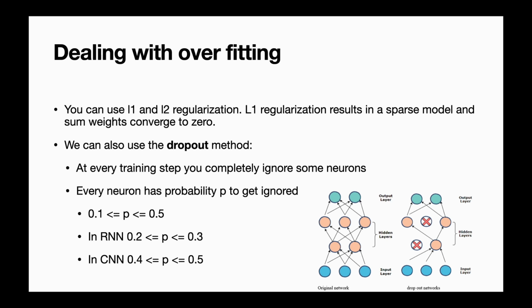What you do is you randomly, with probability p, let's say you use a number between 0.1 to 0.5, depending on the architecture, let's say I use 0.3, in each iteration, I am completely shutting down p%. So let's say here is like 30% of all of the neurons with all the connections that exist there from the model. And when I'm updating the weights, I only update the weights of what is left.